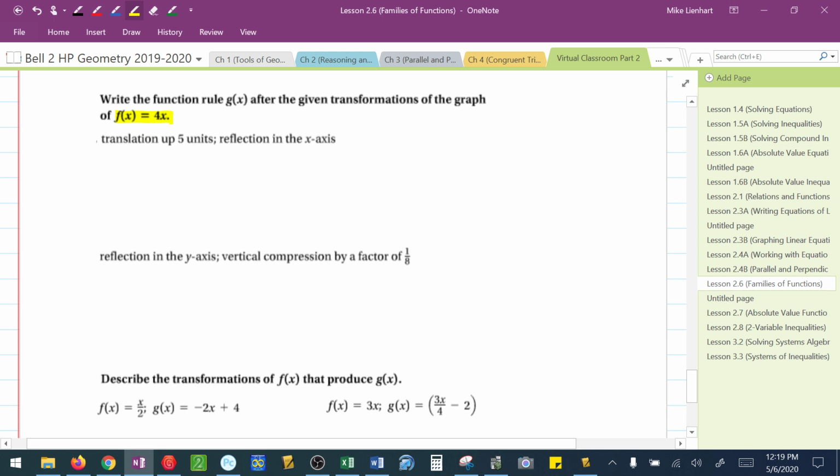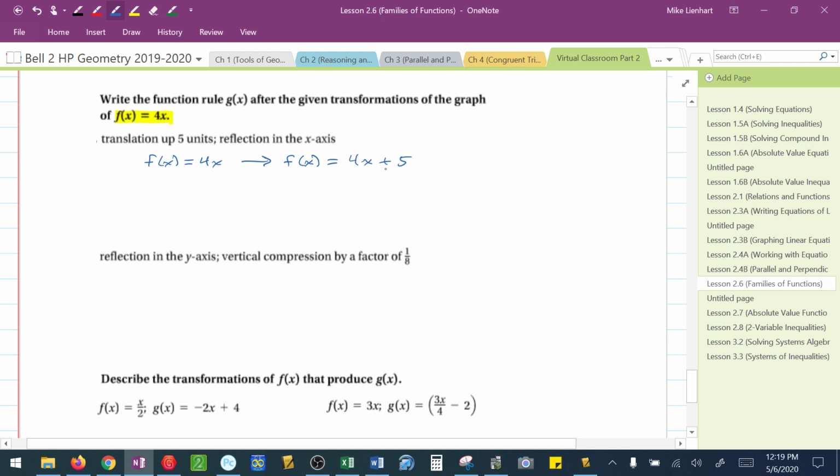For this next exercise, they give us this parent, f of x is equal to 4x. They want us to go up 5 and reflect over x. So the first thing that I want to do here is say, okay, I know that f of x is equal to 4x. If I go up 5, then this becomes f of x is equal to 4x plus 5.